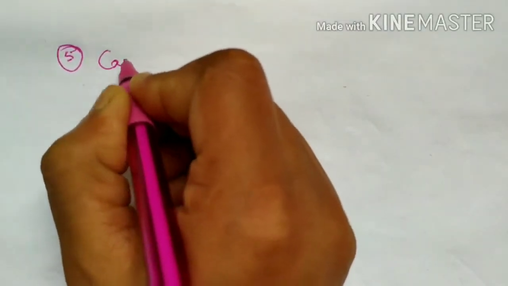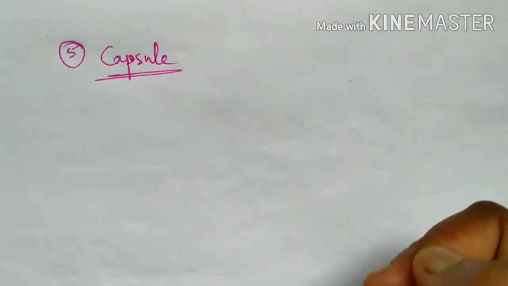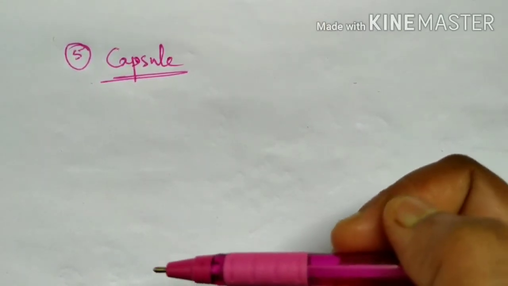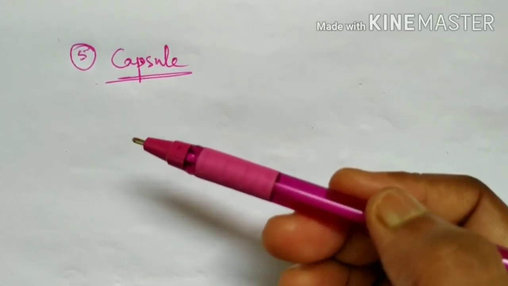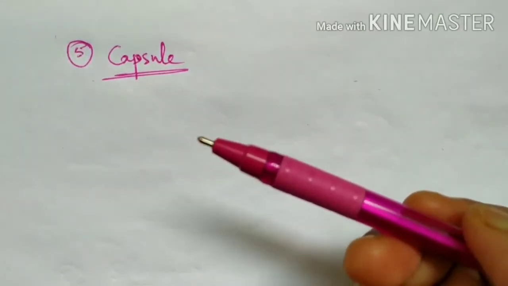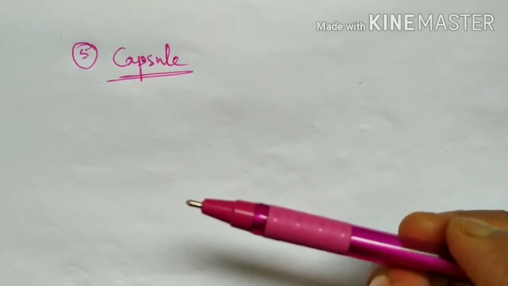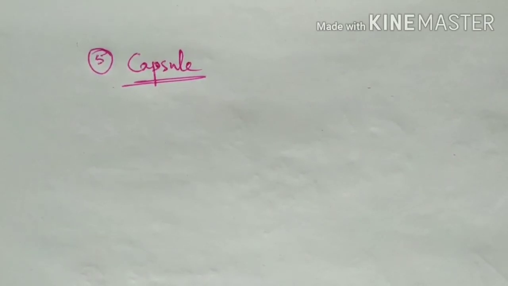In the case of capsule type, capsules also divide into many types. Capsule fruits develop from a superior or inferior polycarpellary ovary, and the pericarp breaks in various ways. On the basis of the breaking of the pericarp, these fruits divide into many types.